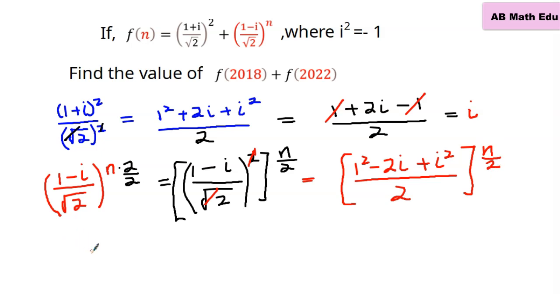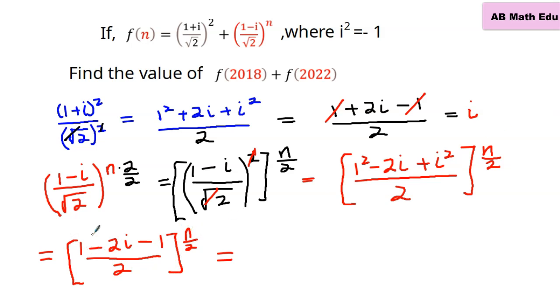If we simplify that, remember that i squared is going to turn into -1. So 1 squared is 1, minus 2i, minus 1, all divided by 2, all to the power n over 2. Here the 1 and the minus 1 go away, and we are getting -i because 2 divided by 2 also cancels out, to the power n over 2.